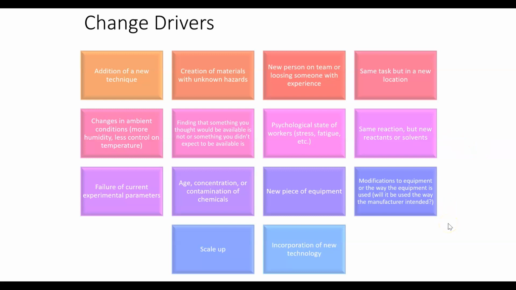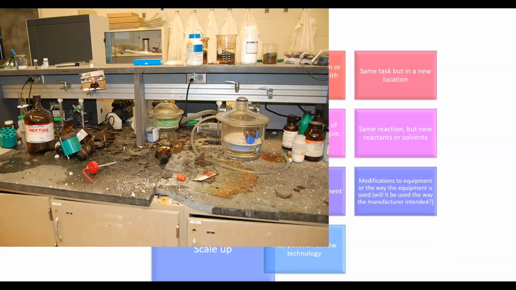And in the last 10 years, three very significant incidents have occurred based on some of these. One was the Texas Tech incident, which was scale up. The researcher is a graduate student. He was working with an energetic material for the Department of Energy, I think, but he scaled up the reaction without confirming the amounts.